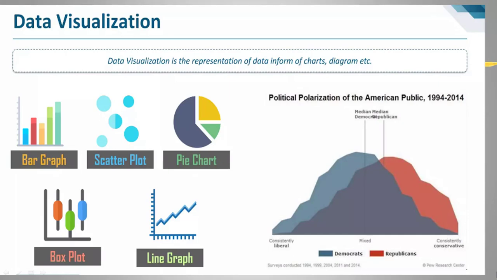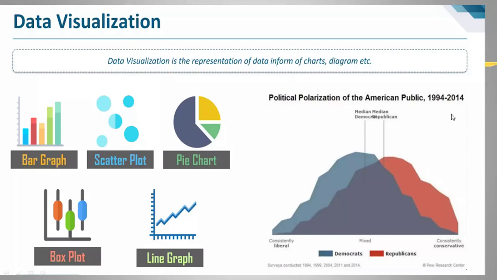Here you see an example of political polarization of the American public, 1994 to 2014. The data collected showed consistently liberal, mixed, and consistently conservative political polarization. They had two groups, Democrats and Republicans.